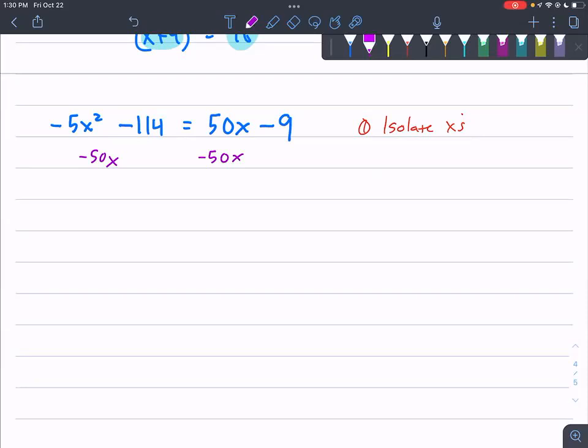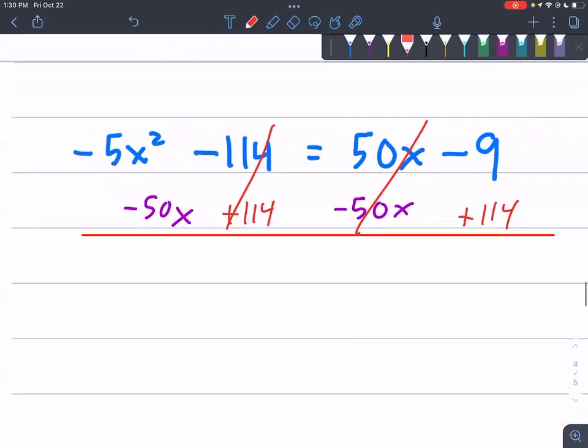We also need to move that negative 114 to the right. Okay, any questions about that? I did 2 steps at once, basically. We moved the 50x left. And since we don't want any numbers on the left, we just want x's on the left, move the 114 over.